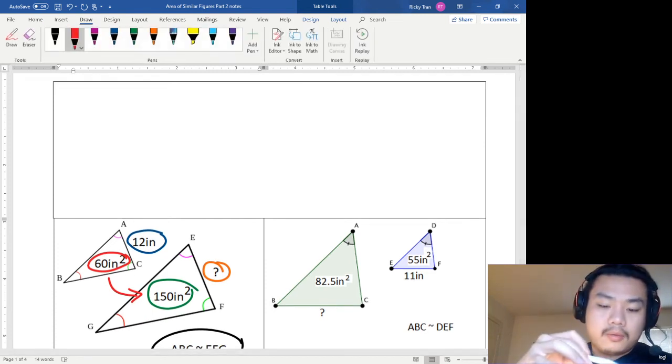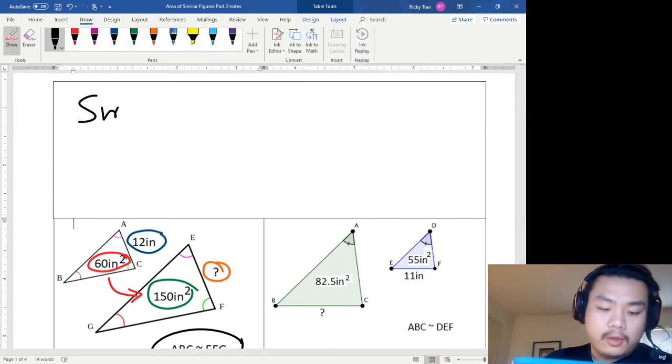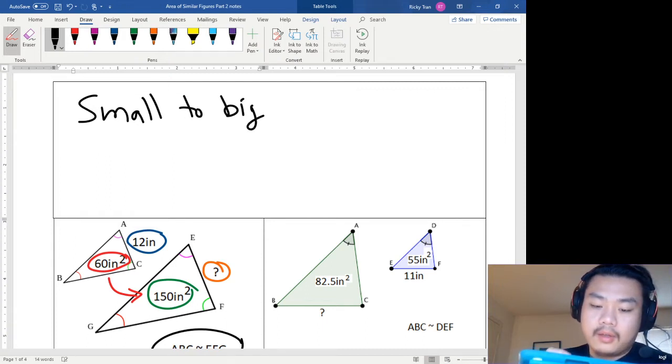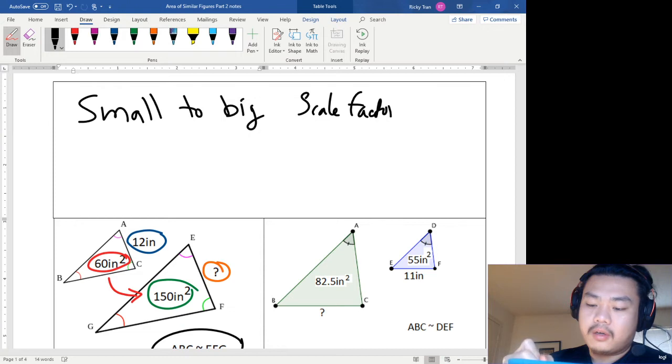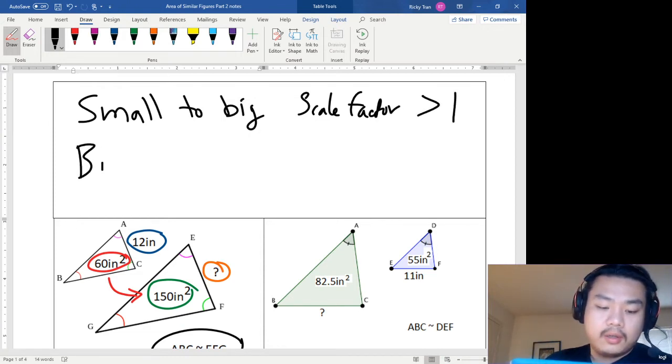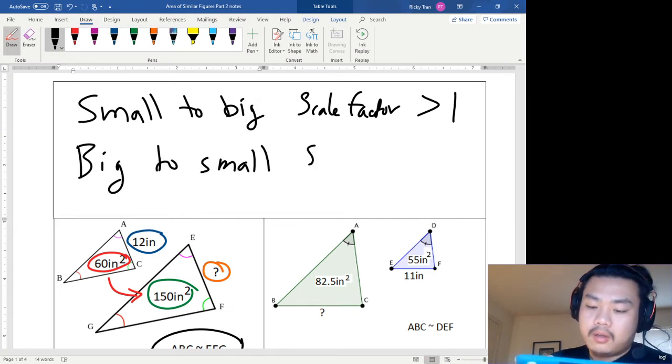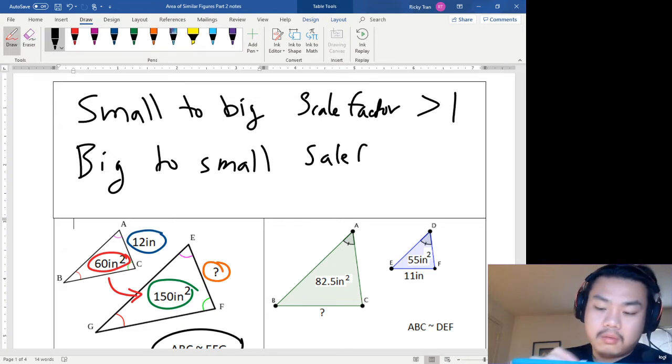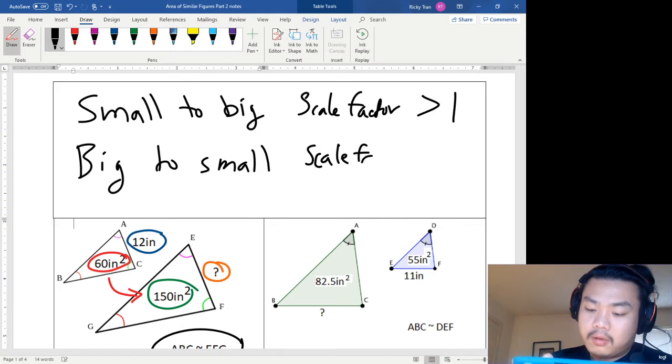Right here, small to big, then the scale factor is greater than 1, and then big to small, scale factor is less than 1.